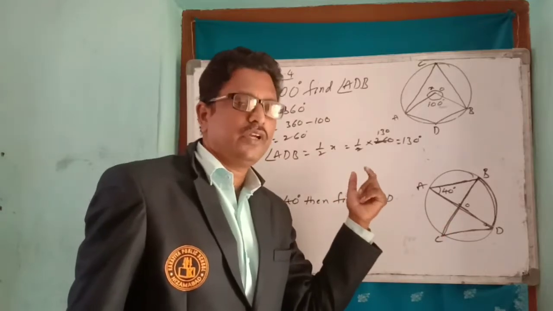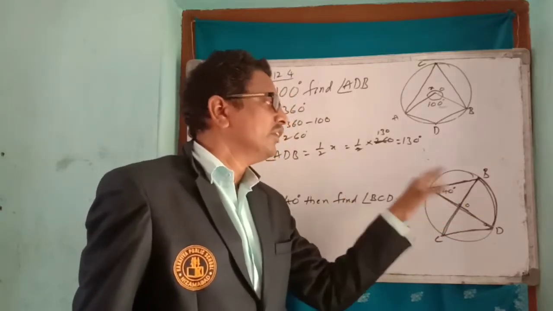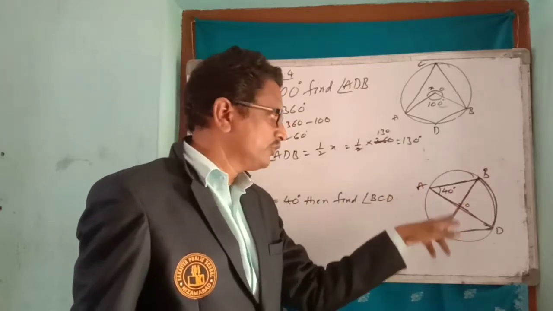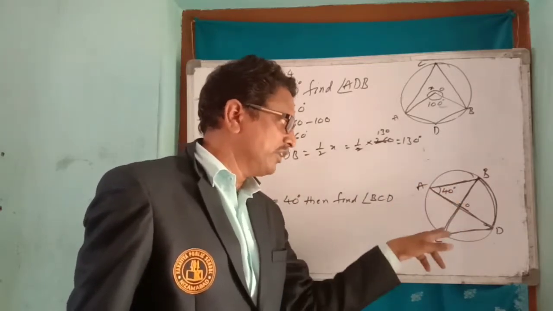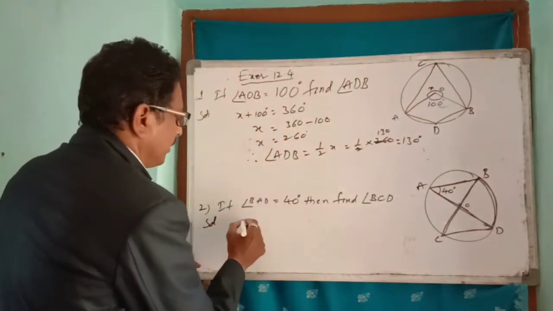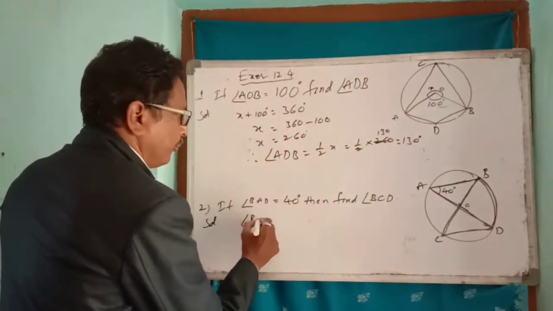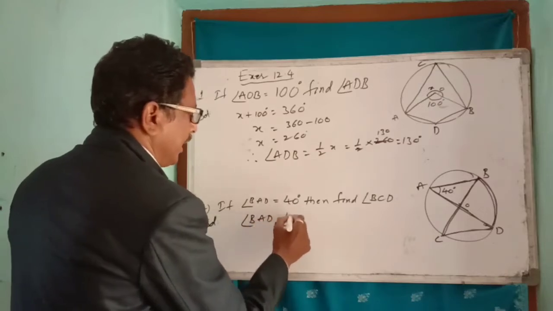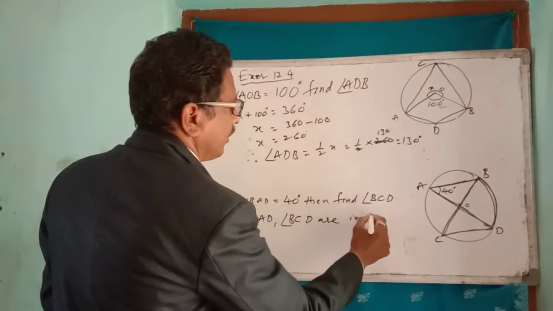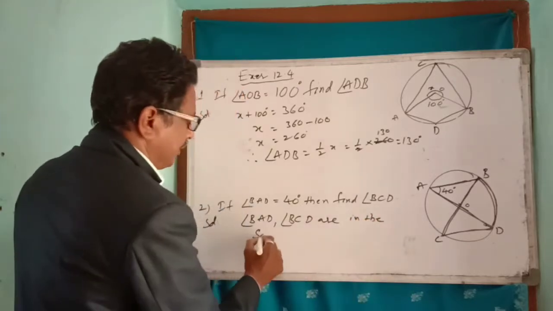Second concept, what I discussed yesterday: angles in the same segment are equal. Therefore, these two angles are equal. Here angle BAD and angle BCD are in the same segment.